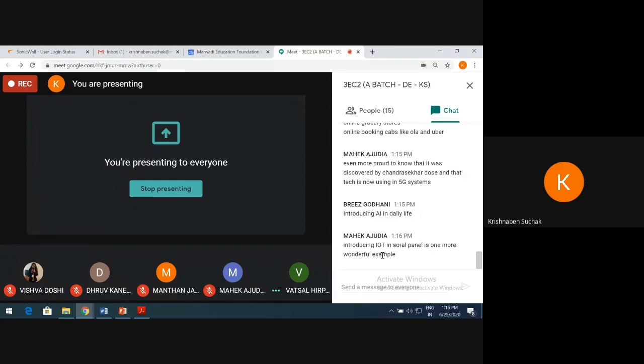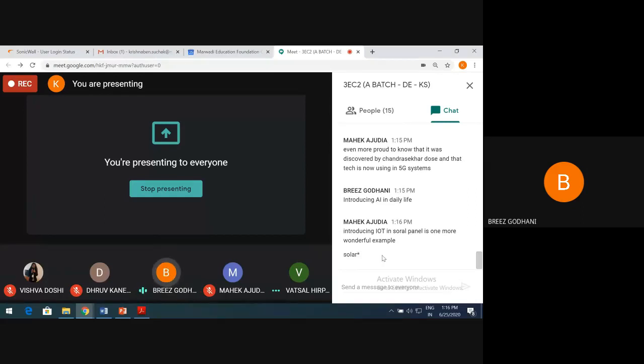Introducing IoT in solar panel is one more wonderful example. Ma'am, your voice is not coming properly. Breeze, can you please elaborate how AI is used in daily life?